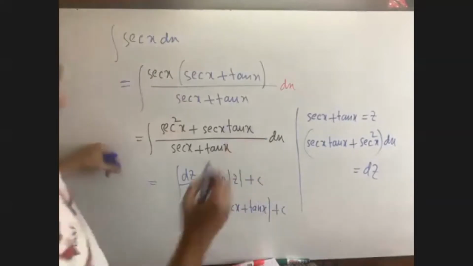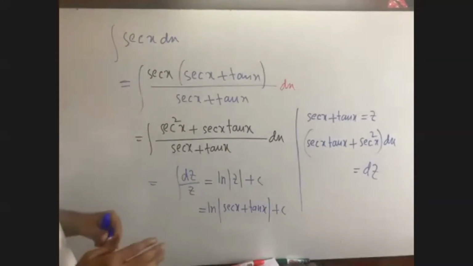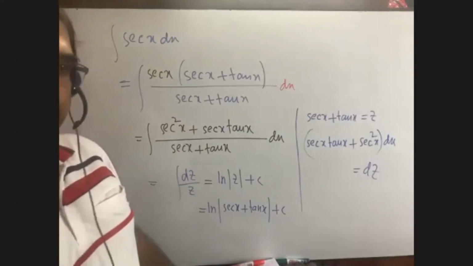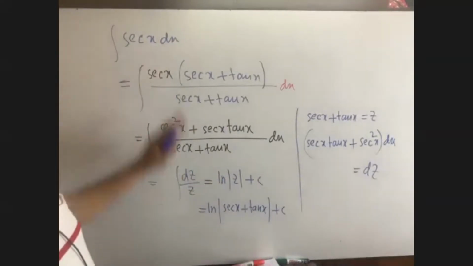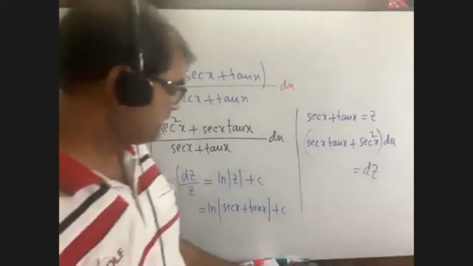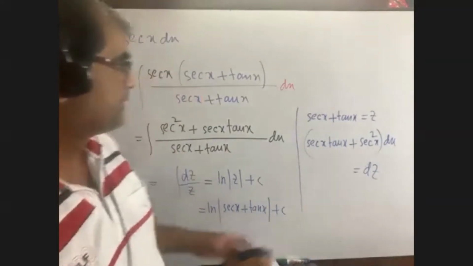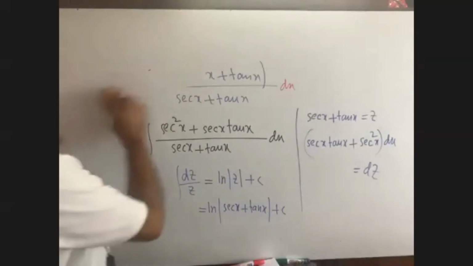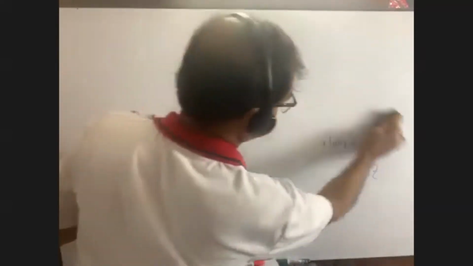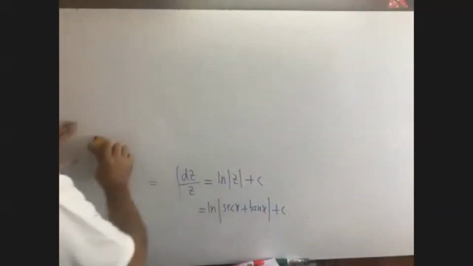We have got our answer. So the integral of sec x equals ln of sec x plus tan x, not sec x tan x. I think you will remember it, because you will get it in the MCQ exam, and it will also be needed for CQ in maths.